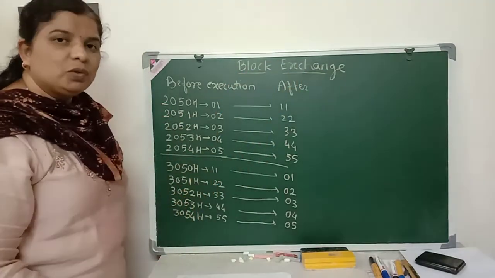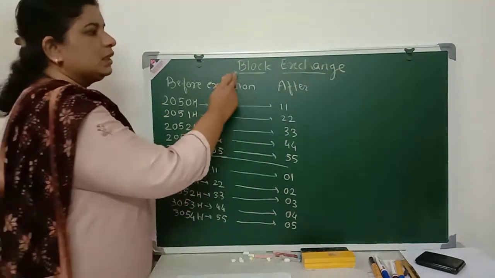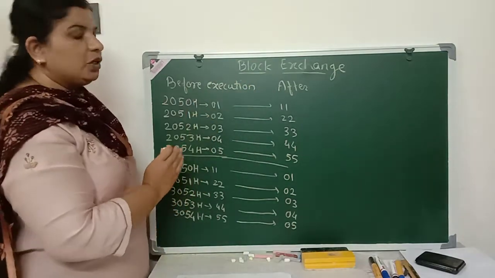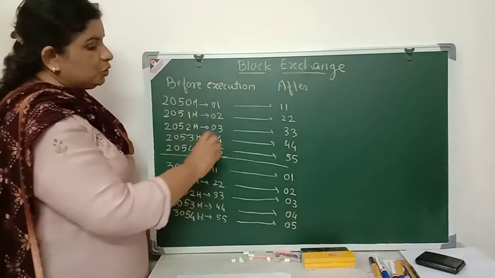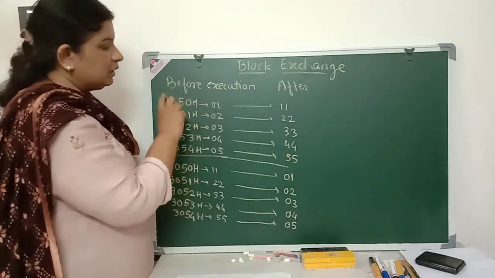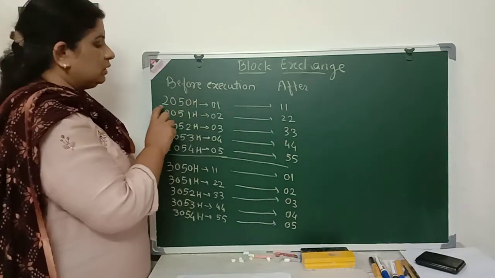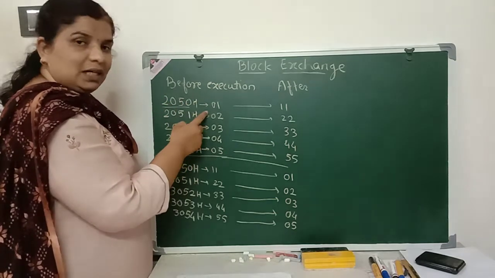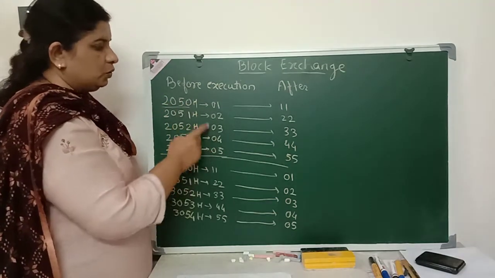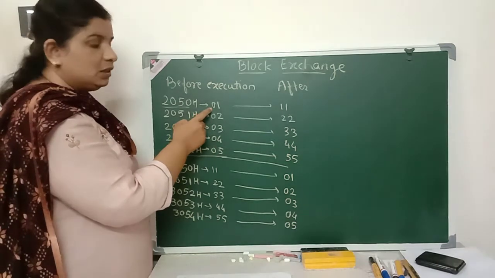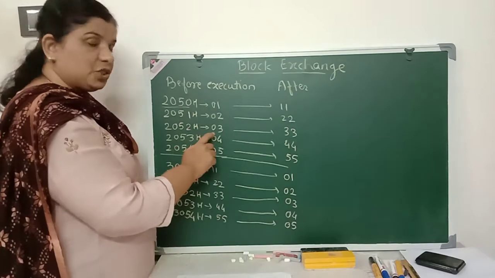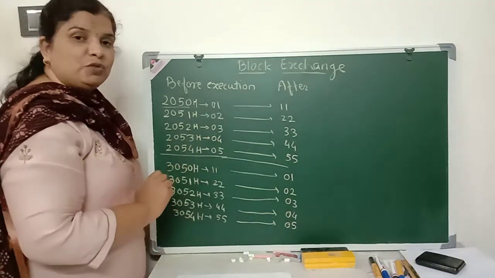Okay. So before going to the program, let's see the concept of block exchange. In this case, we have stored 5 numbers. Okay. So this is the given contents. Starting from the location 2050, we have stored 5 different numbers. In this example, I have stored 01, then in the next location 02, next location 03, likewise up to 05.